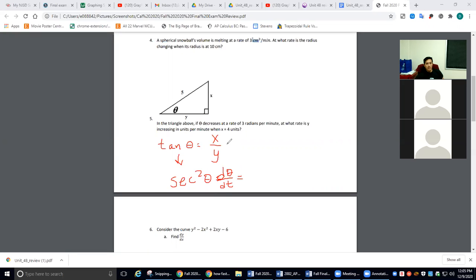equal to, now I have this function right here, right? It's changing per minute. So I have a function x that's changing over a function y that's changing. So what rule do I need to use to take a derivative of this part of the problem?